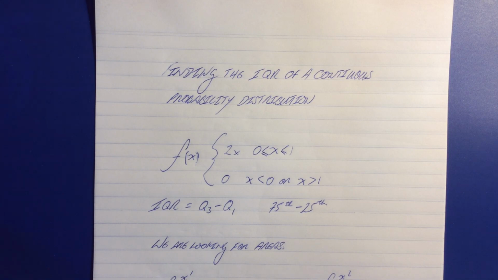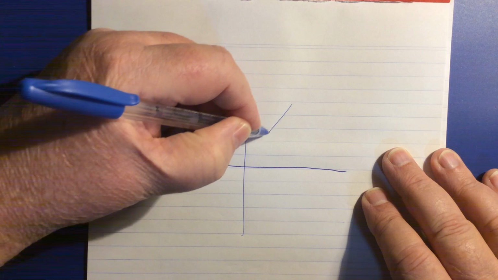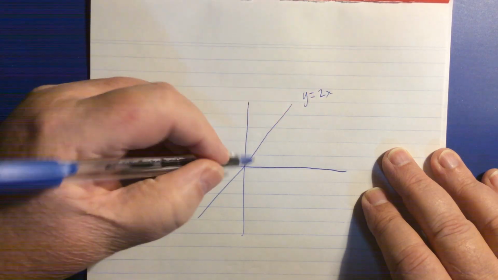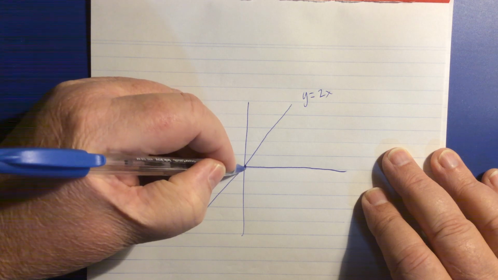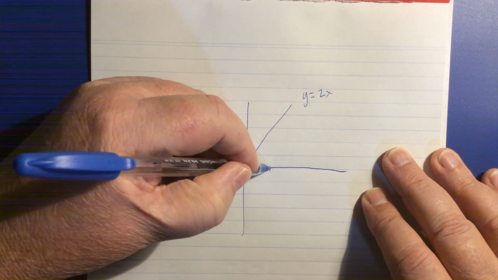So let's just draw this so that you've got an idea of what's going on. So here's a very rough outline, and we've got y equals 2x there. And we're interested in the values between 0 and 1.